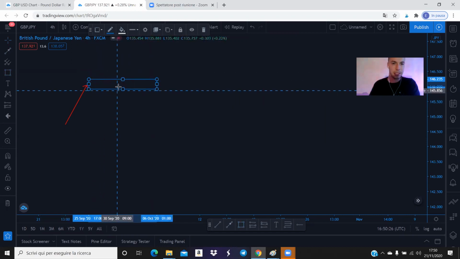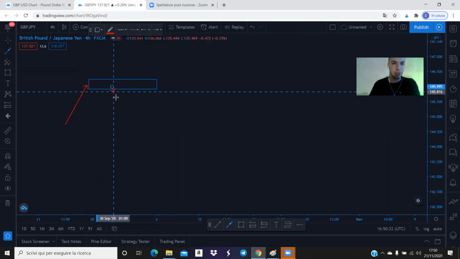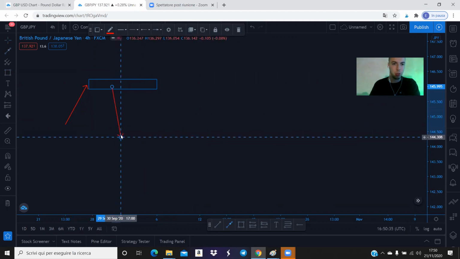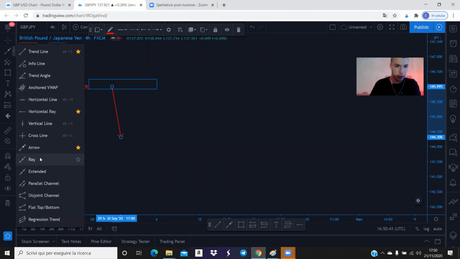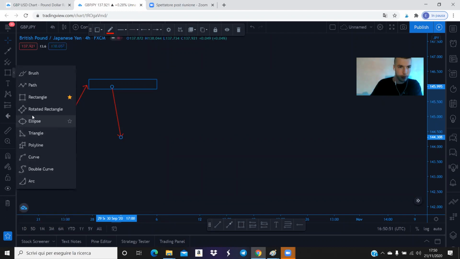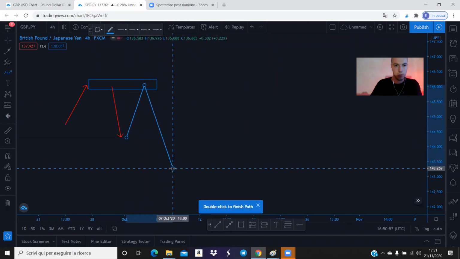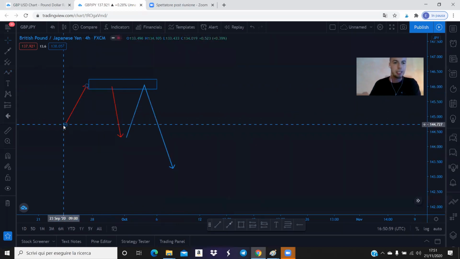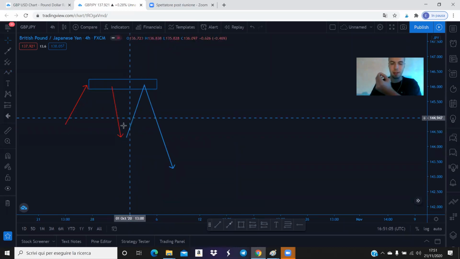You create a base, and that base becomes a supply because you get a big push to the downside, so big candles. This is the rally base drop supply pattern.